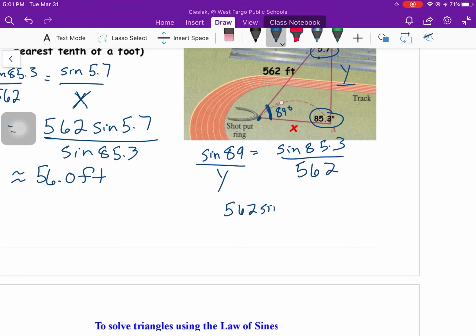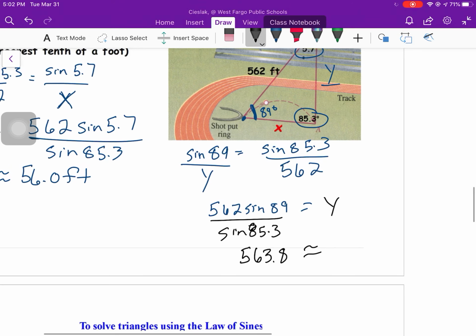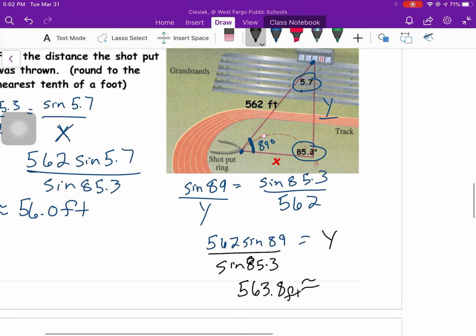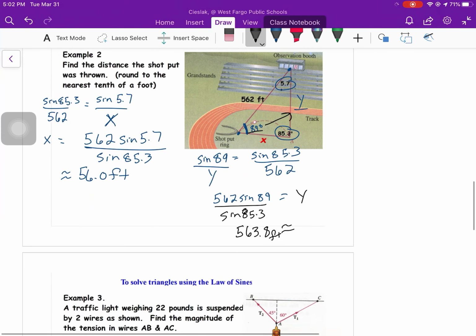So this would give me 562 sine 89 is equal to y sine 85.3, nope, I messed up. 562 sine 89 over sine of 85.3 is equal to y, and when you guys type that in, you should get approximately 563.8 feet, which seems reasonable because if this one is the largest angle, the side opposite should also be the largest.